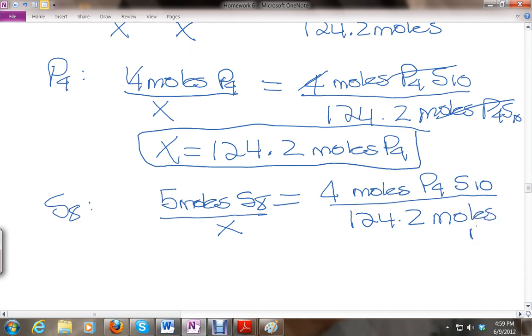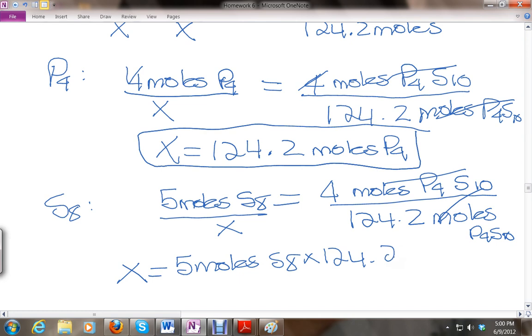Of course, of P4S10. And this cancels out the units again. We cross multiply: 5 moles of S8 multiplied by 124.2 divided by 4.